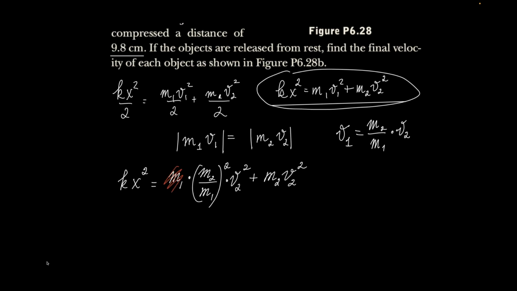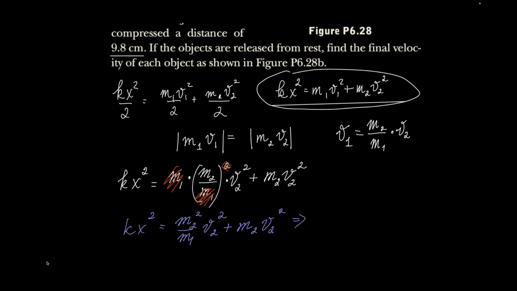This m1 and this m1 will go away. kx squared will be equal to m2 squared over m1 v2 squared plus m2 v2 squared.